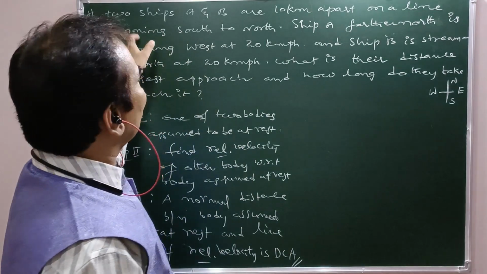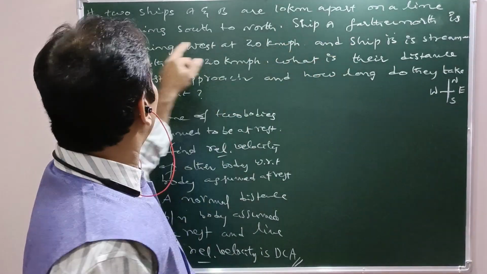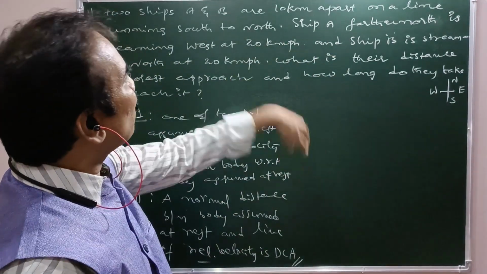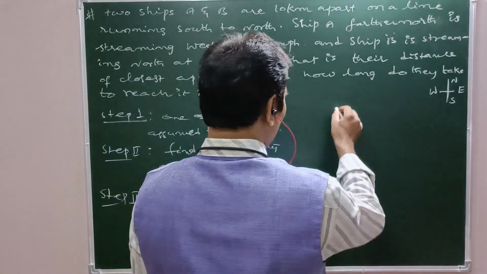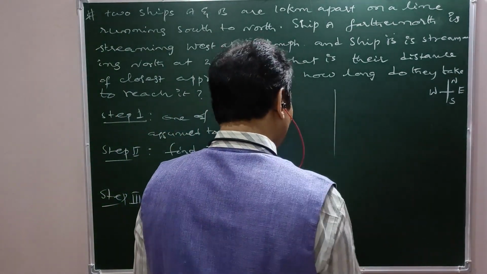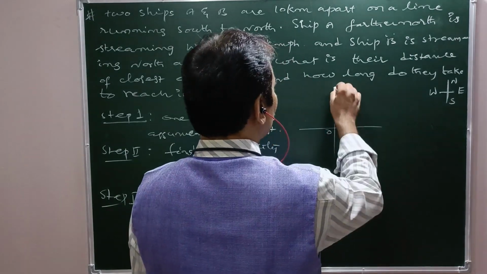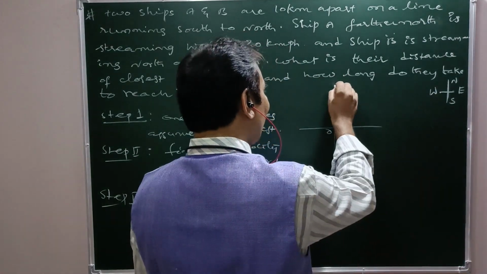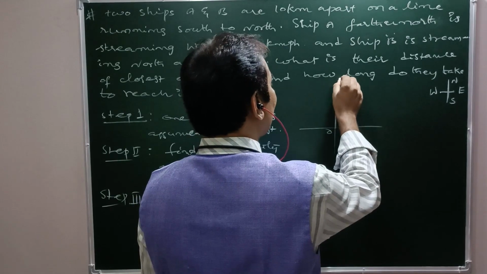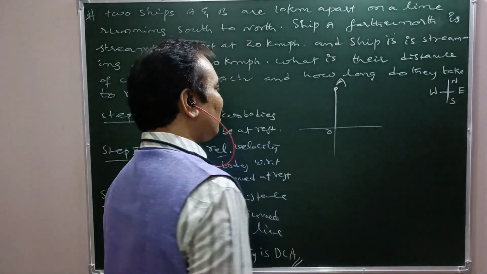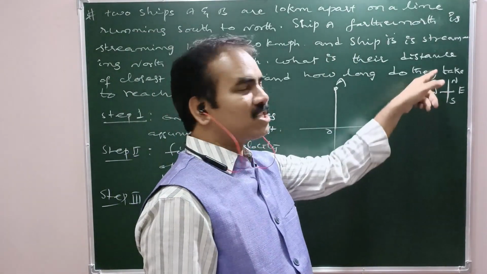Between those, ship A, farther north, is steaming west at 20 km/h. Right here, see, this is the origin O. So somewhere here, farther north, ship A is there on the same north-south line.